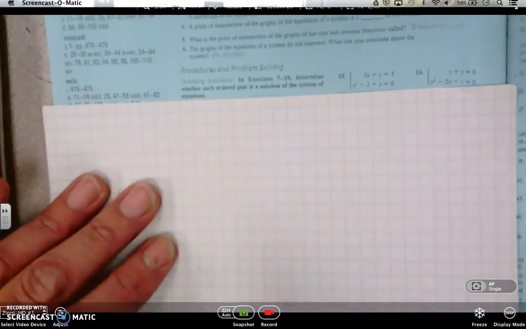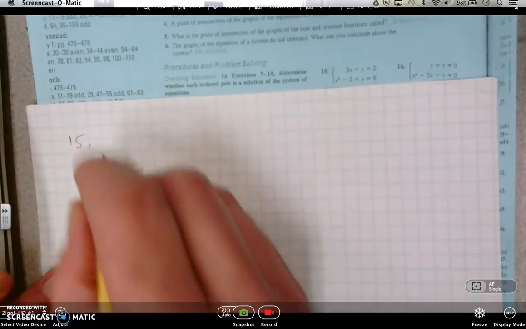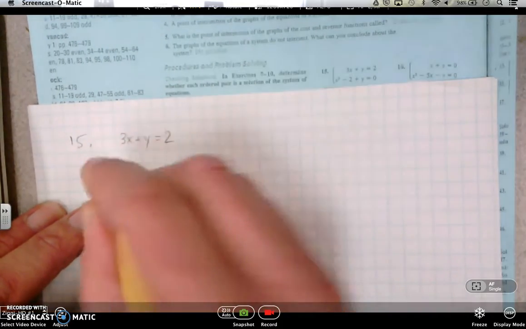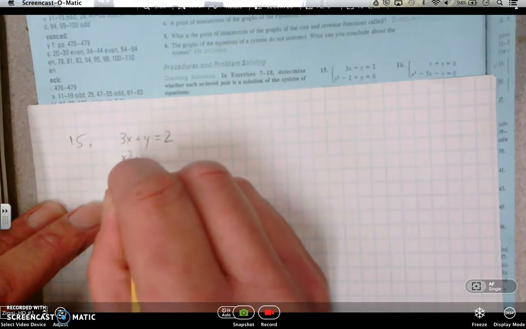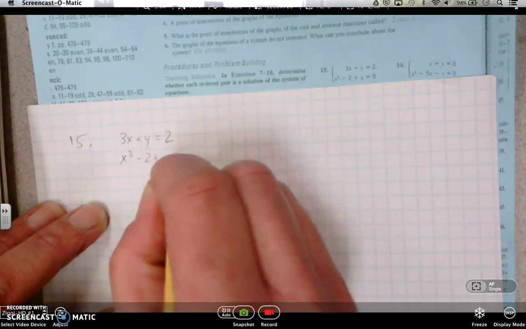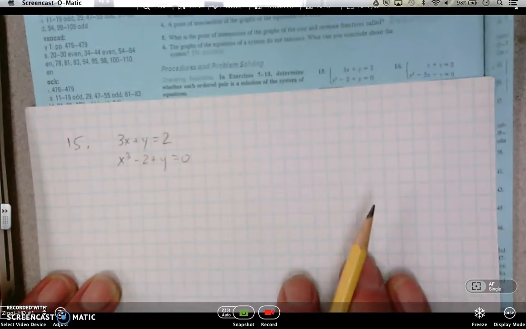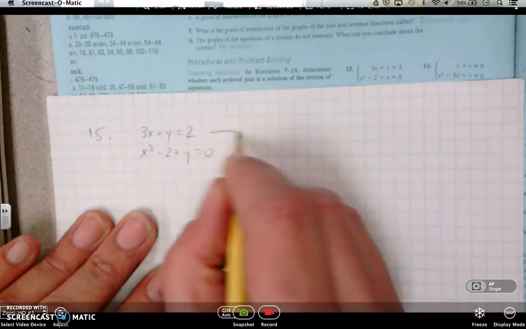Our equations are number 15, 3x plus y equals 2, and x cubed minus 2 plus y equals 0. Okay, so we can do this by substitution or elimination. We did a lot in class with elimination. Let's just talk about substitution for a second.